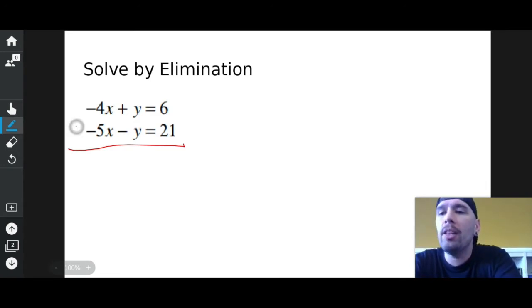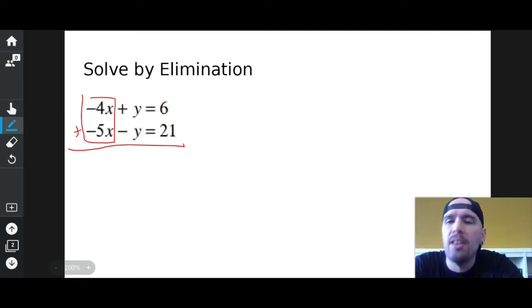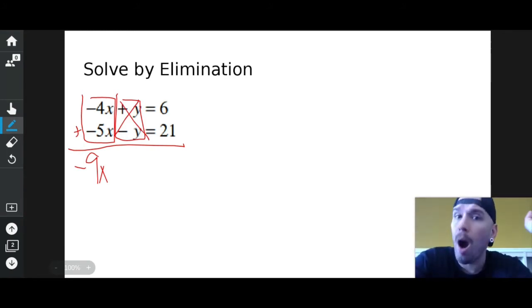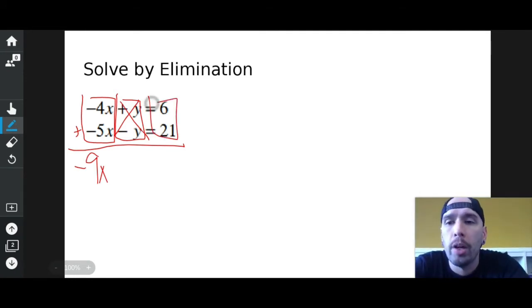So if I add these two lines up, I have -4x and -5x, which makes -9x. I have positive y and negative y, which become nothing, because positive y minus y is no more y's. So I have nothing. 6 plus 21 is 27.